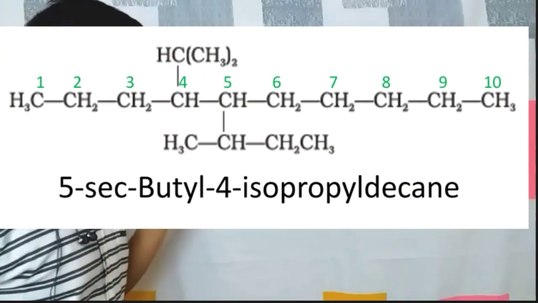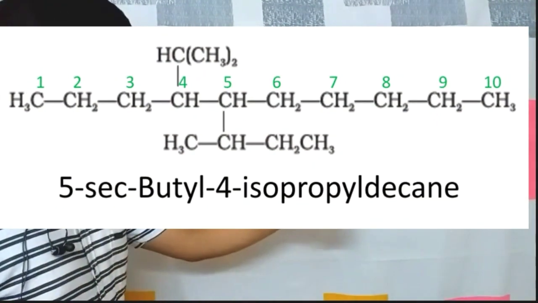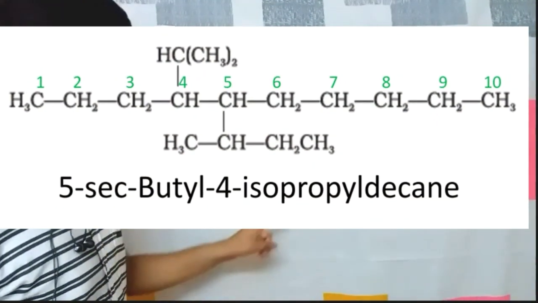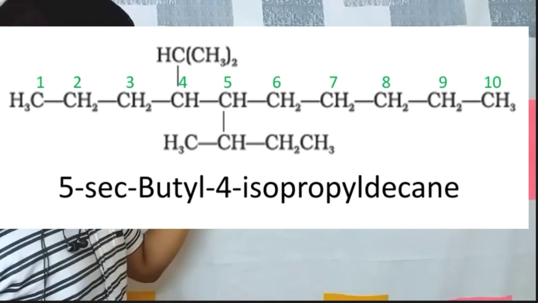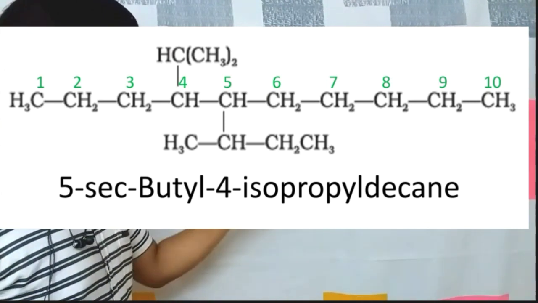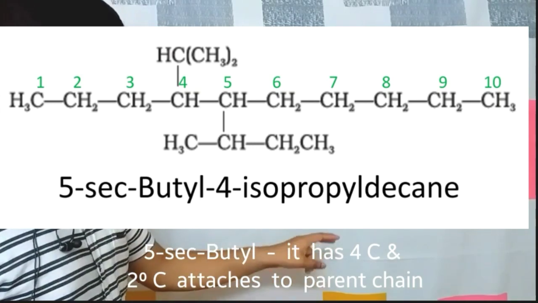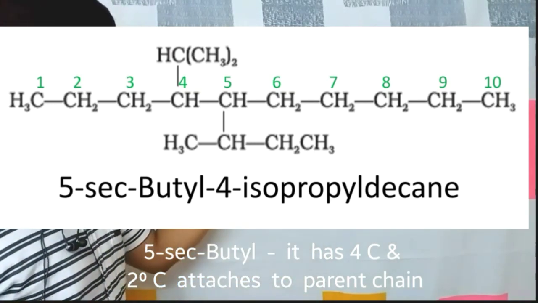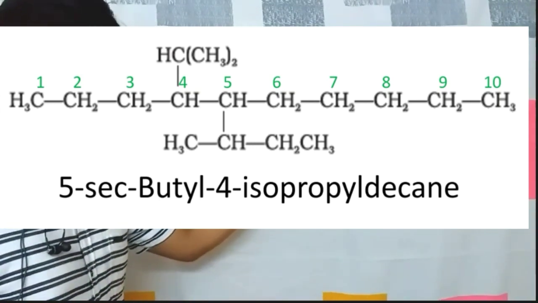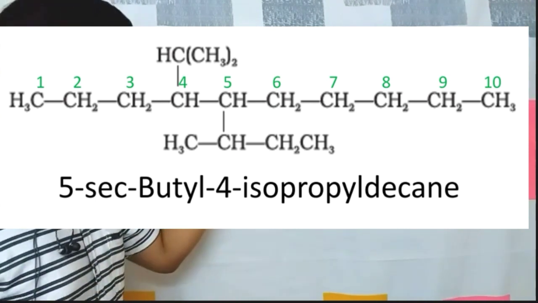Here we choose the longest chain, that is with 10 carbon atoms, and hence decane, and we have substituents or branchings at the 4th and 5th positions. At the 5th position there is a secondary butyl group, and at the 4th position we have an isopropyl group, that is CH-CH3 twice.